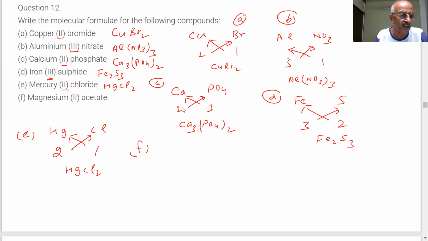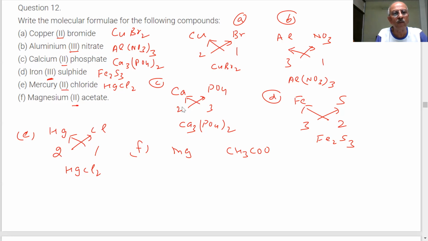Magnesium acetate, students. What is the formula of acetate? This from acetic acid is CH3COOH. This is acetate. What is the valency of magnesium, students?